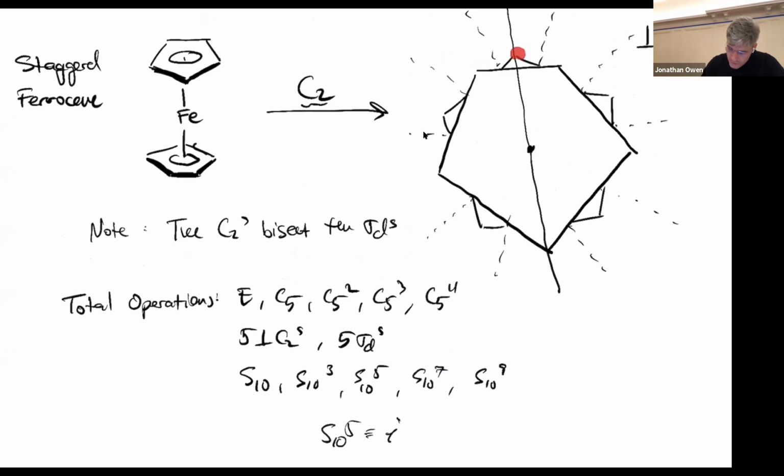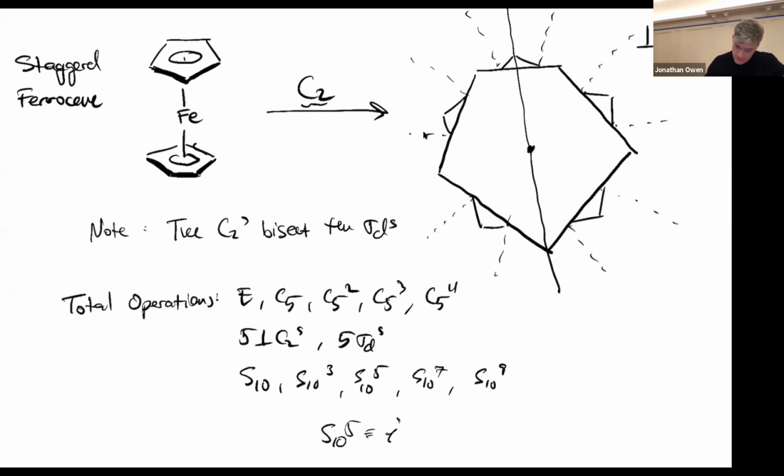We're going to go 5-fold rotation. 1, 2, 3, 4, 5, followed by reflection, sends this point to this point. That was our inversion maneuver, right? That's an S10 5 times, is half the way around. That's 180-degree rotation. So that's your I.